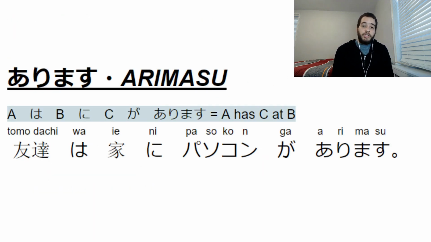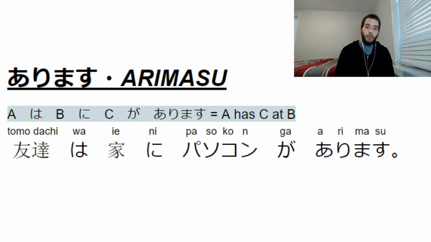Now, one last construction that we can use with あります. For this one we have A は B に C があります, which means A has C at B. Let's take a look. 友達は家にパソコンがあります。友達 friend 家に house at パソコン personal computer or PC or just computer あります have.